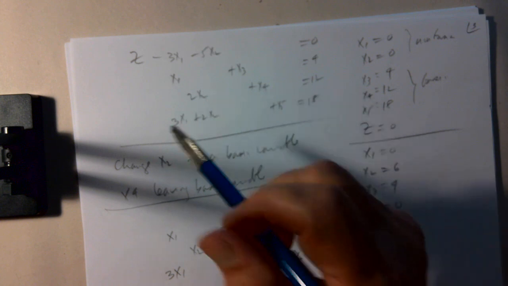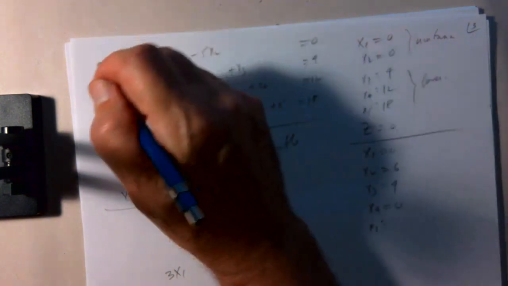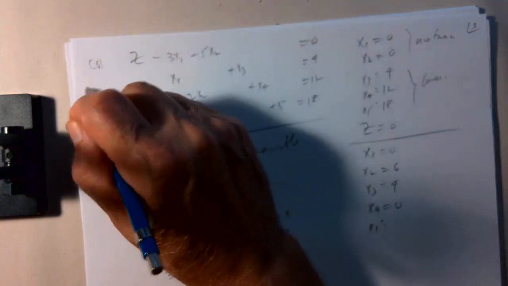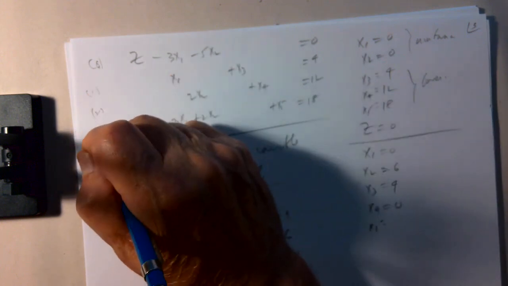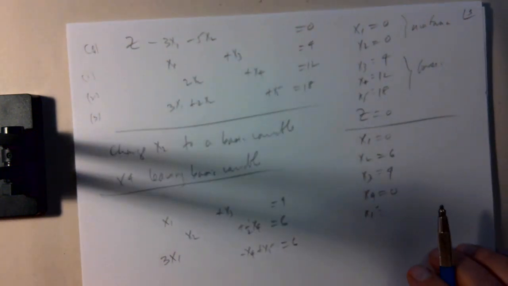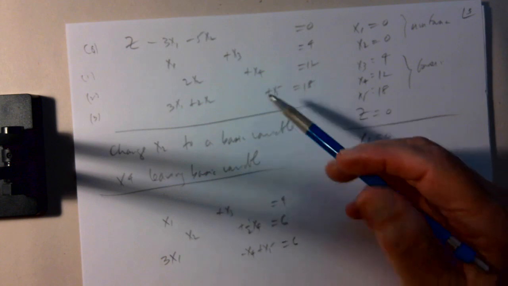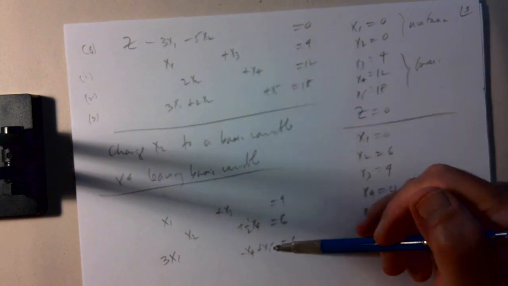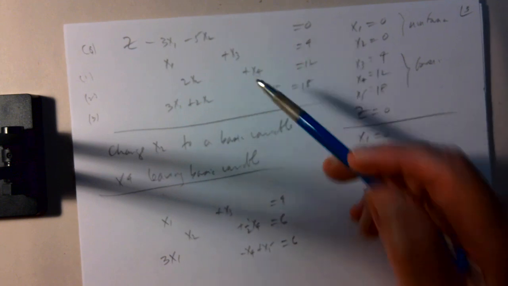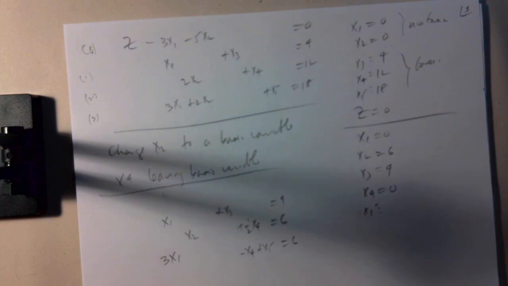If I number these equations 0, 1, 2, 3, to get from here to here, I took equation 3 minus equation 2. And in this equation, we see when x1 is 0 and x4 is 0, x5 is 6.